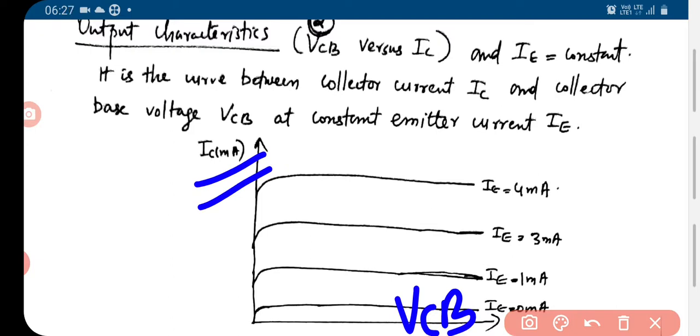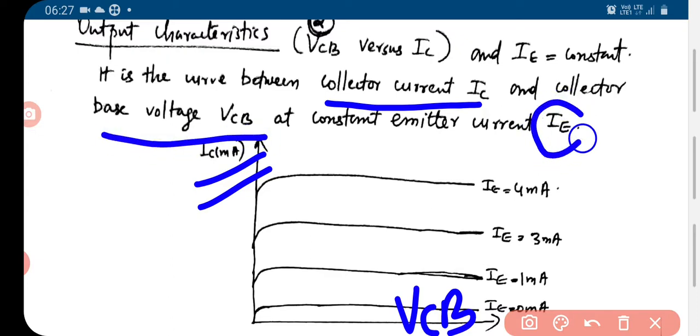So this is the graph that we get when we draw the relationship between the output collector current and collector base voltage at constant emitter current. The emitter current is the input current in the common base connection. So we keep it constant and we vary VCB, the output voltage, and the corresponding output current is noted, and we draw the graph.